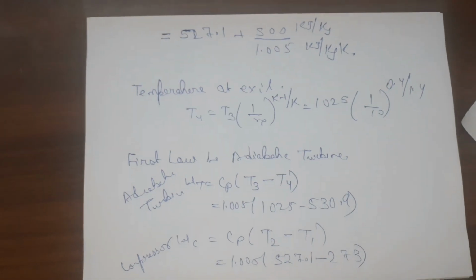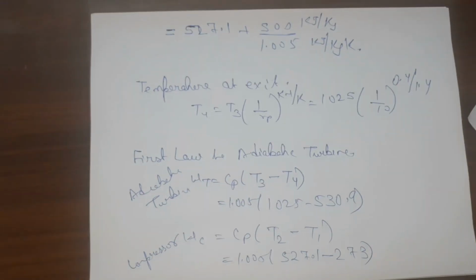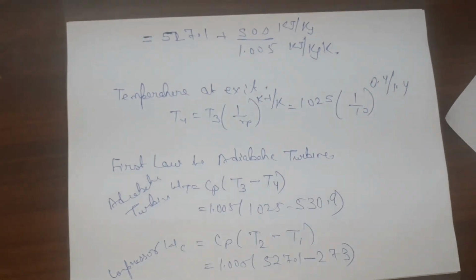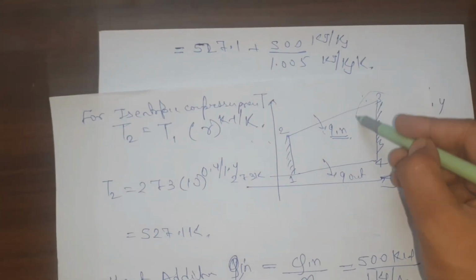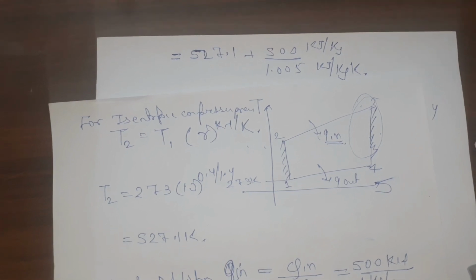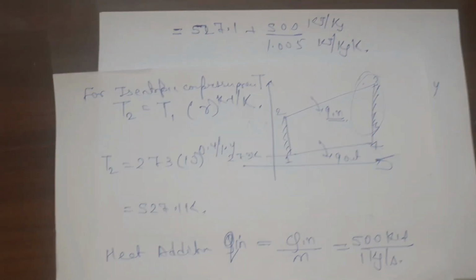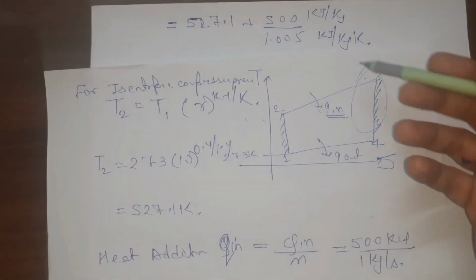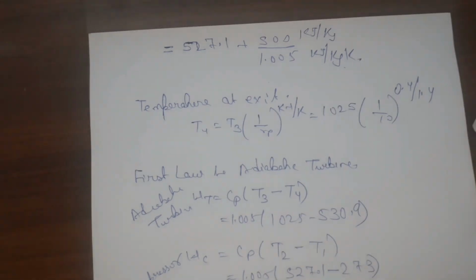The Cp value we know, 1.005 into (1025 minus 530.4). Since this is an insulated and adiabatic process from 3 to 4, the work done is Cp into (T3 minus T4).